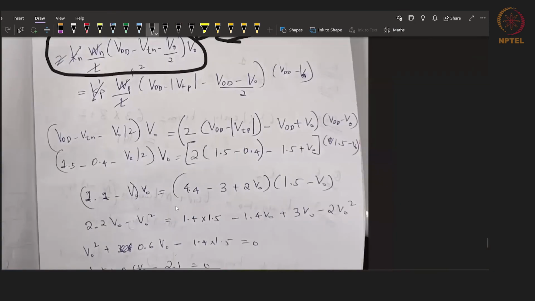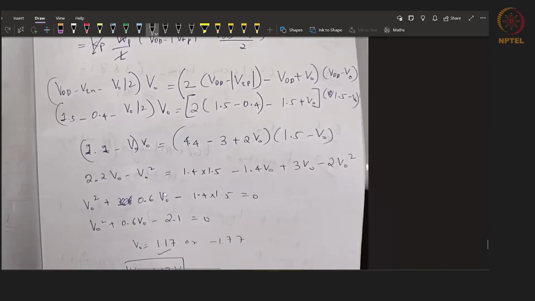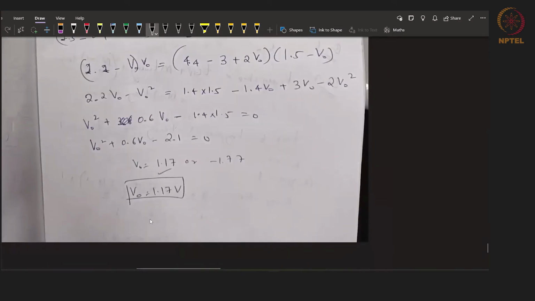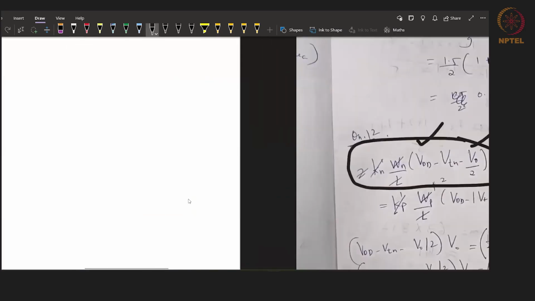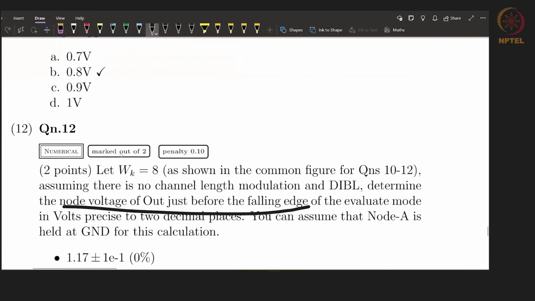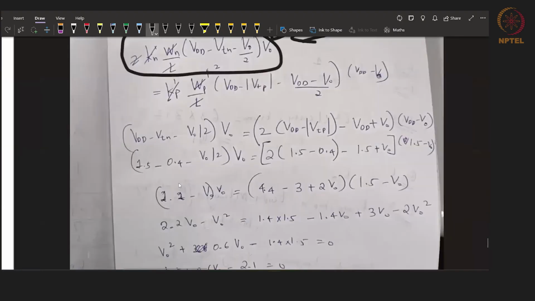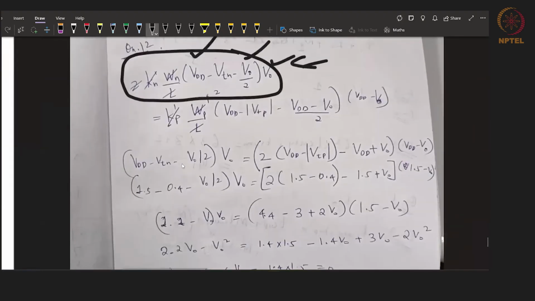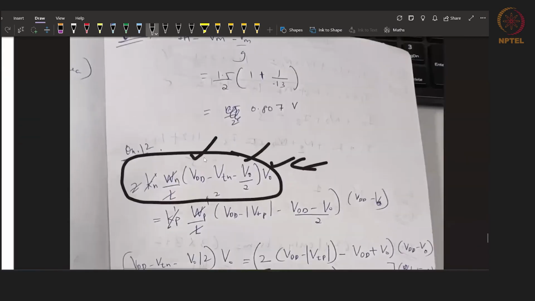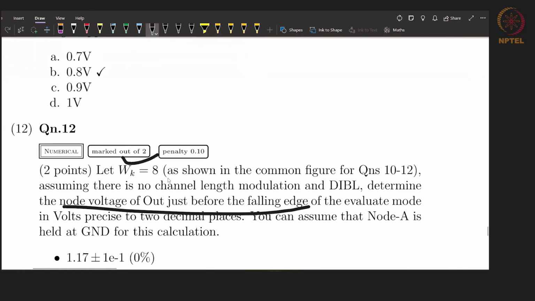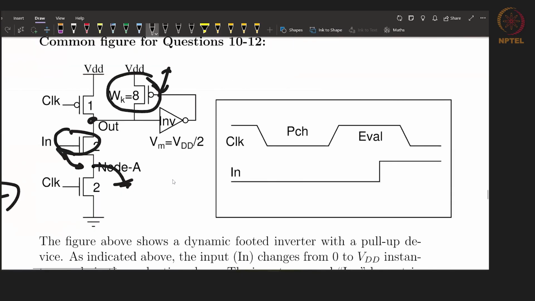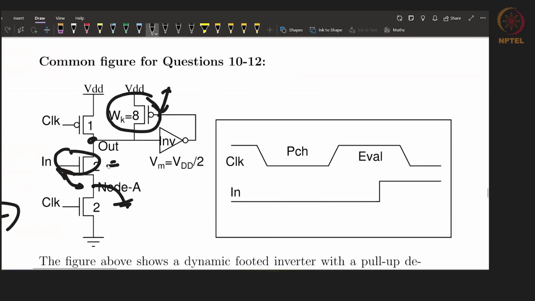Now, once you solve for V naught, with Wk equal to 8. So you've been given what is the value of Wk, right? That is given as 8. And Wn, for example, you start with 2.